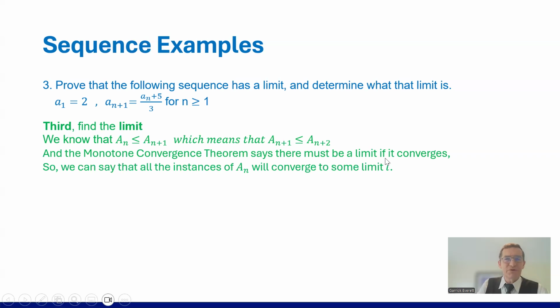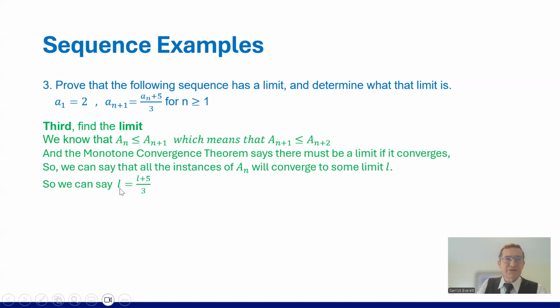There's no chance it won't because the monotone convergence theorem says there must be a limit, and we're saying it's L. So what we're going to do is put L in here and here. We're going to put it in both positions because that's the limit.